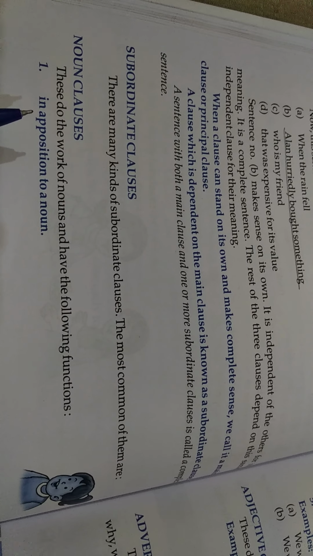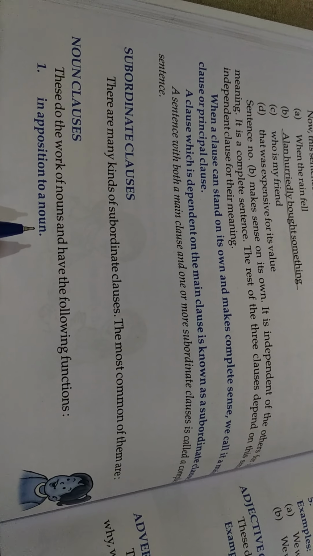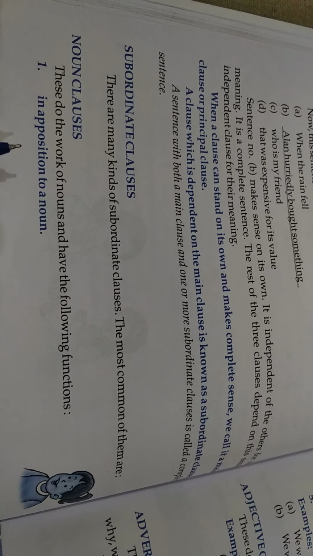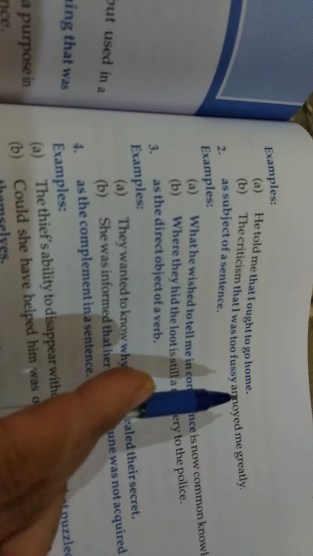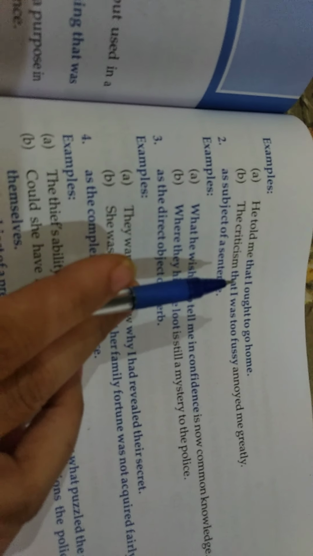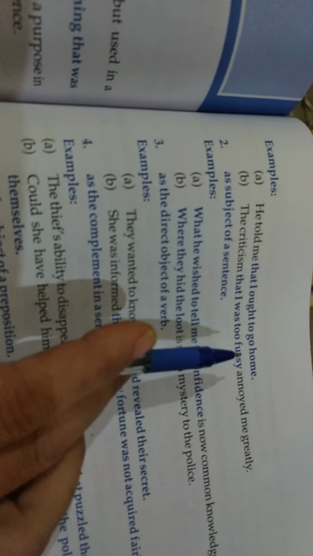The first one is in apposition to a noun. That means it gives further information about a noun. Now let's see the examples. He told me that I ought to go home.